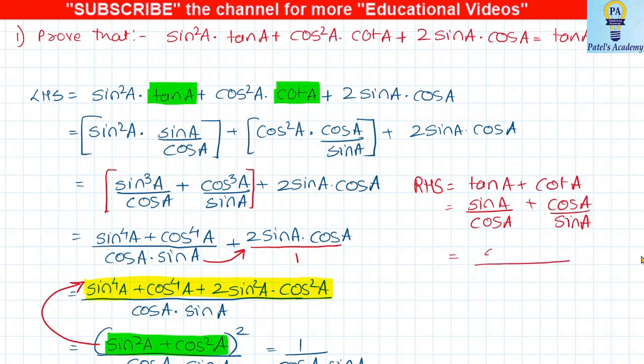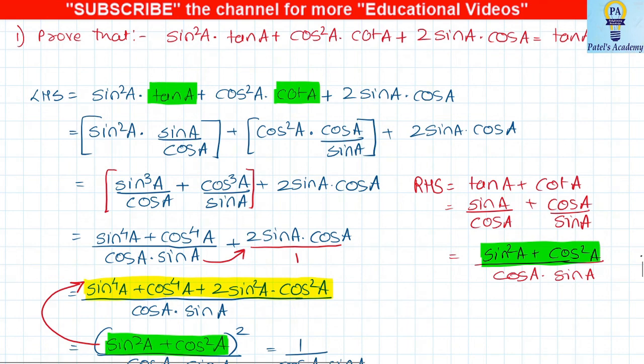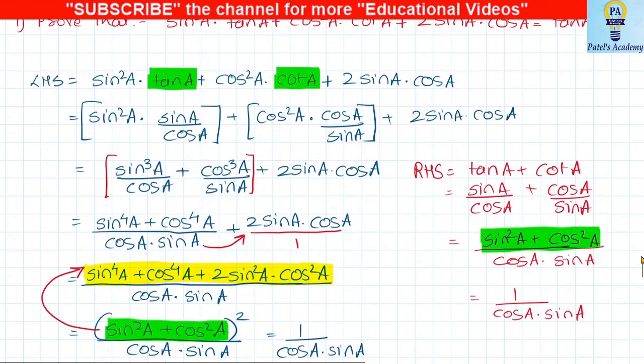So what I'll get? Sin square A plus cos square A upon the denominator, which will be cos A into sin A. Again here I have sin square theta plus cos square theta. This identity is 1. So that will be equal to 1 upon cos A dot sin A. So I got RHS.